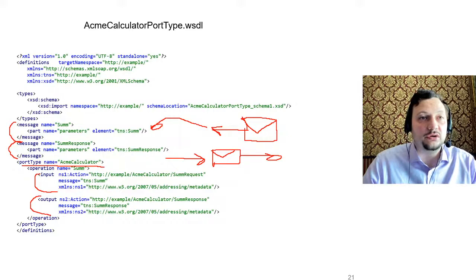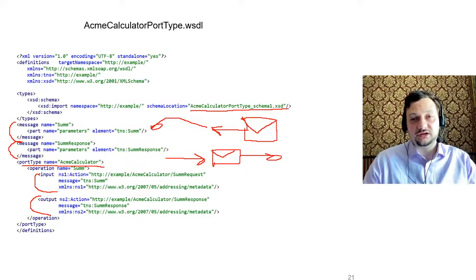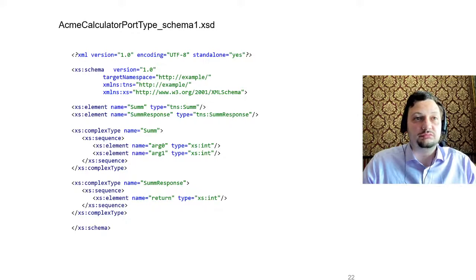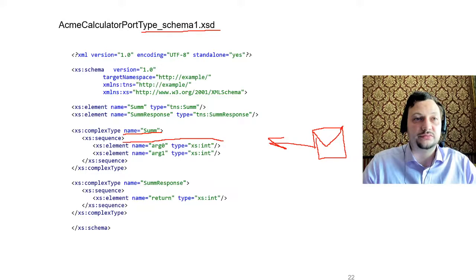And we need to go to the third document, port type schema XSD, to understand what the parameters of the messages are that we would need to send to these elements to invoke the remote execution. So this is the schema XSD document. In this document, we see that the message with the name sum, we remember this is the message that we would receive, should have two parameters.